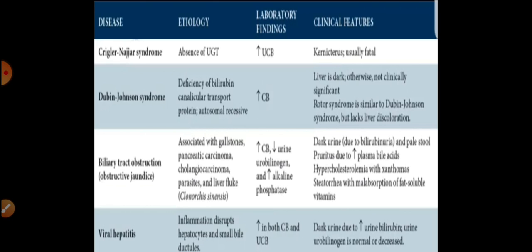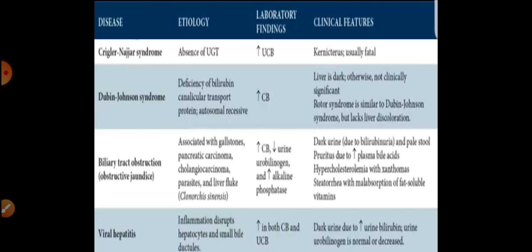Next, coming to biliary tract obstruction. Jaundice caused by biliary tract obstruction: the obstruction to the bile flow could be because of gallstones, pancreatic carcinoma causing obstruction at the ampulla of Vater, cholangiocarcinoma, or sometimes parasites like liver flukes.